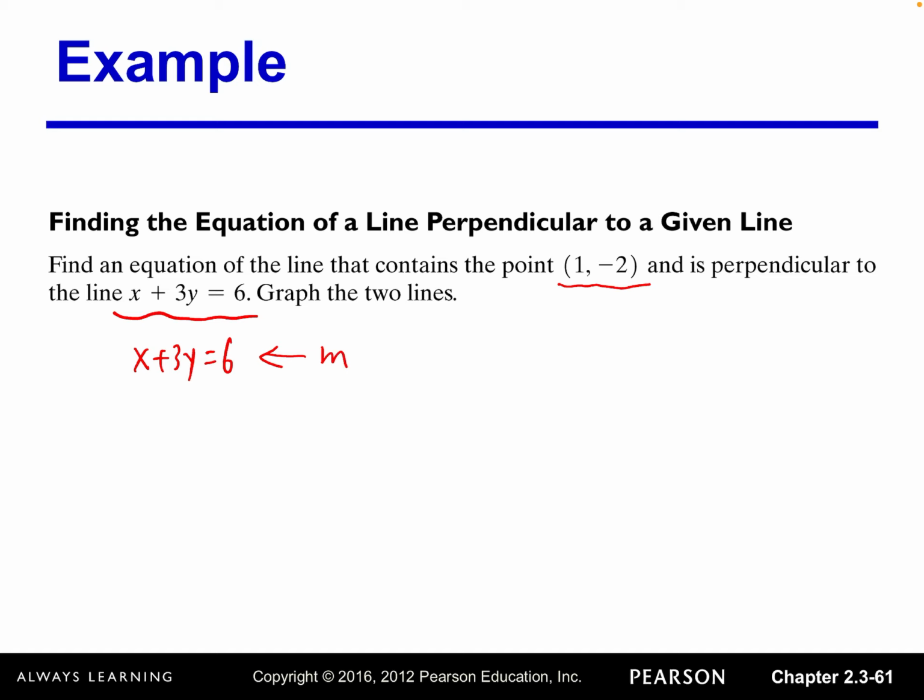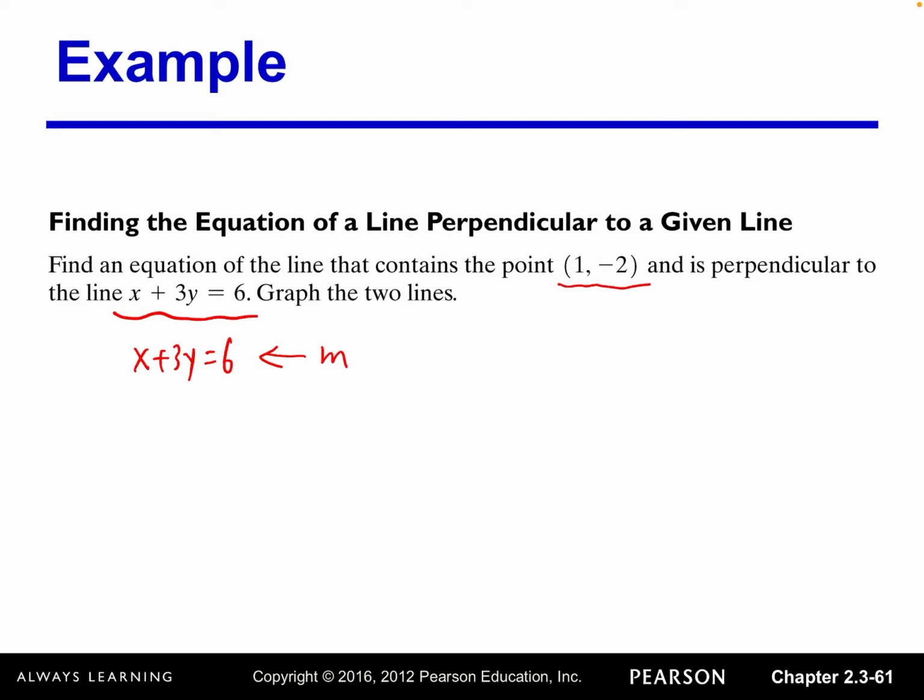And then we can use the perpendicular lines property to find the slope of the line we're looking for, right? And then we know the slope, we know the point the line passes through, and then we can find the line equation. And then of course we can graph those two lines.